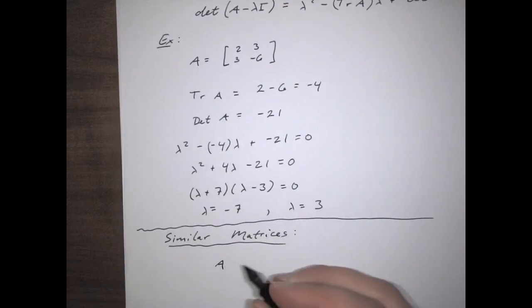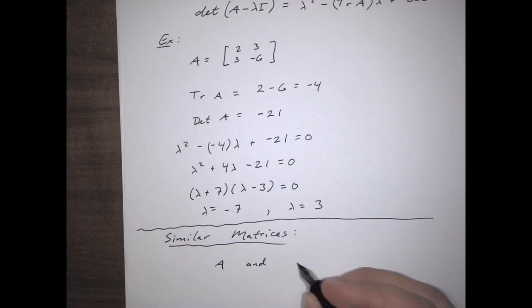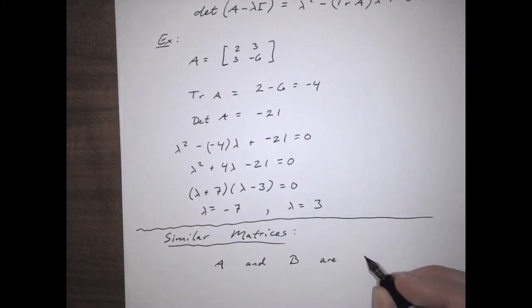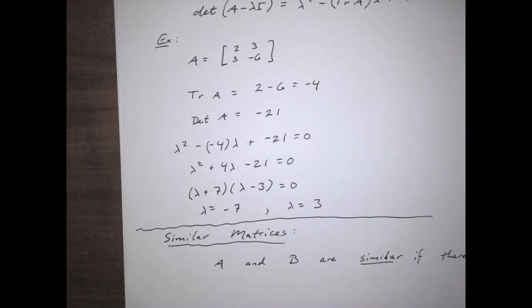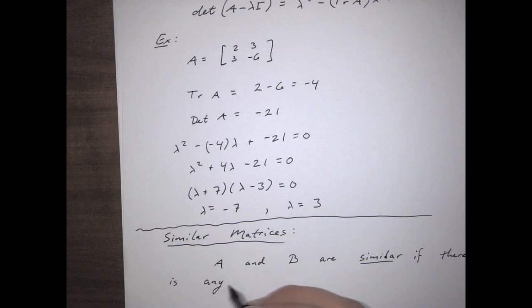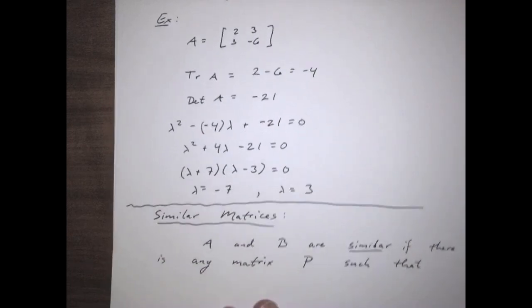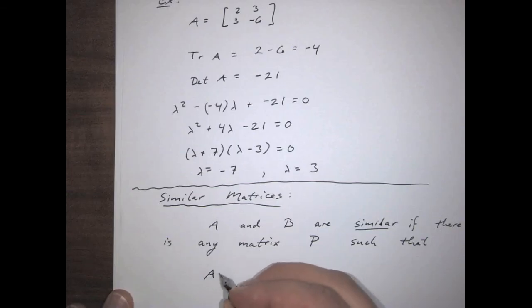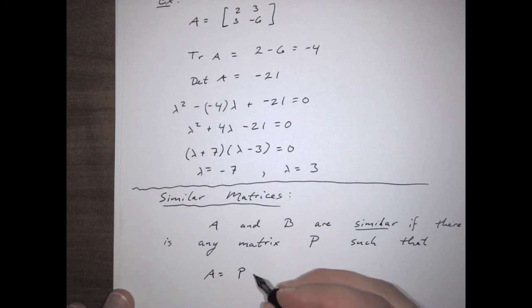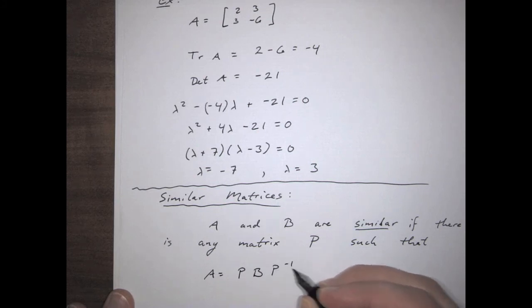A and B are called similar if there is any matrix P such that A equals P B P inverse.